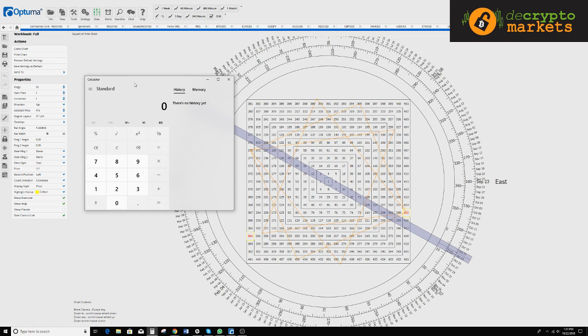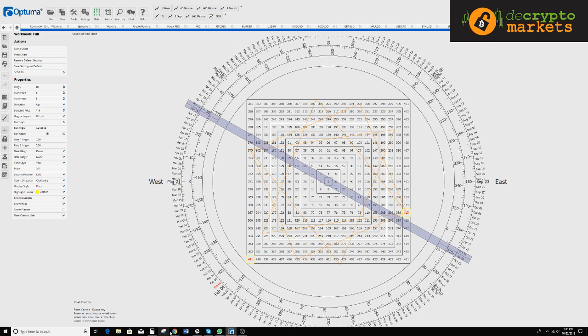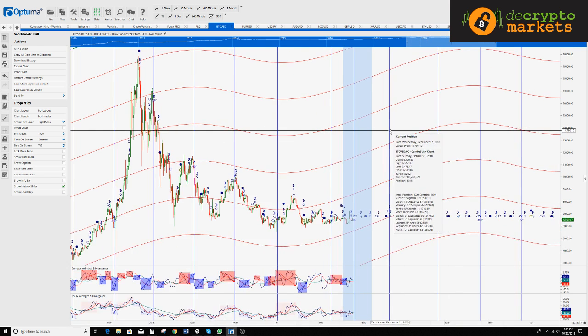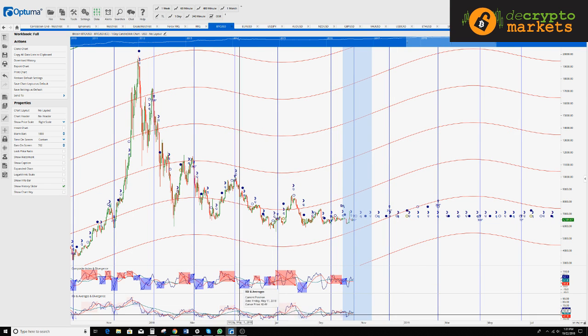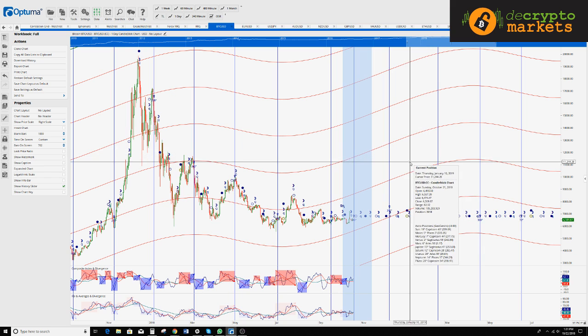What is 71 squared? 5,041. Or 109 squared: 11,881. That's the next price level. So the squared level of time and price above the current price action is sitting at 11,881, so near the 12,000 value area.